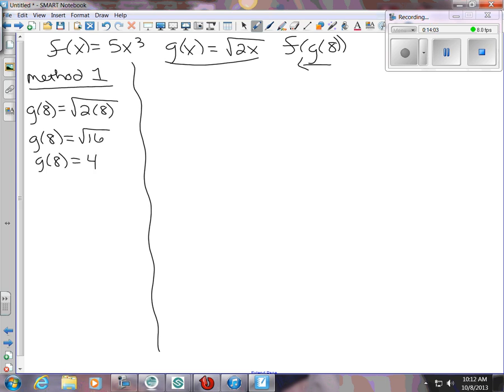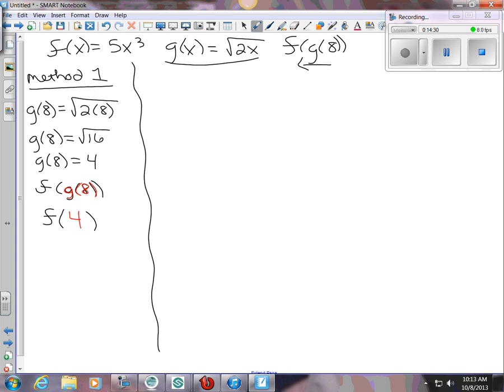All right, so what I did is I found g of 8, right? So f of g of 8. Tell me again what I just found. I found g of 8. I found this right here, didn't I? What did I find it to be? 4. So here's what we're going to do. I'm now going to find f of, what was g of 8? 4.